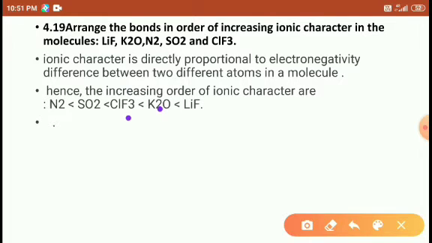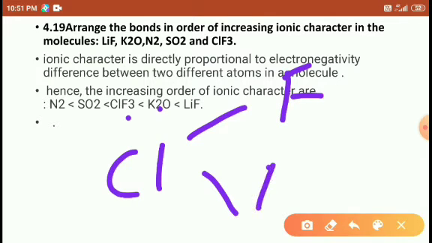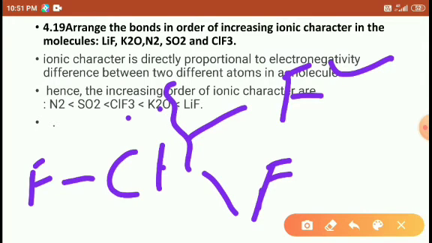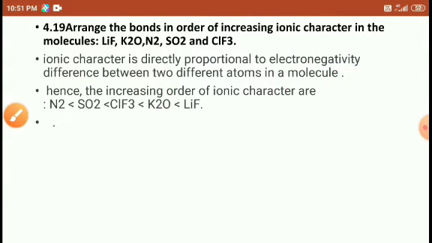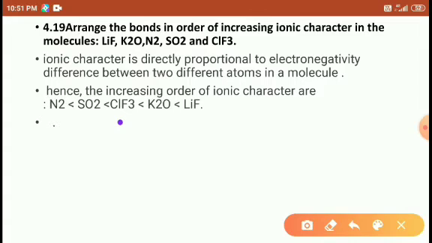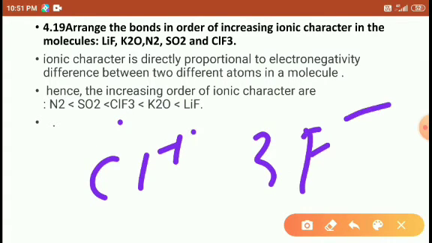ClF3. Here, students, the chlorine and fluorines are mentioned. Fluorine is more electronegative than chlorine, so between them ions develop. Chlorine develops a positive charge and the three fluorines develop negative charge.